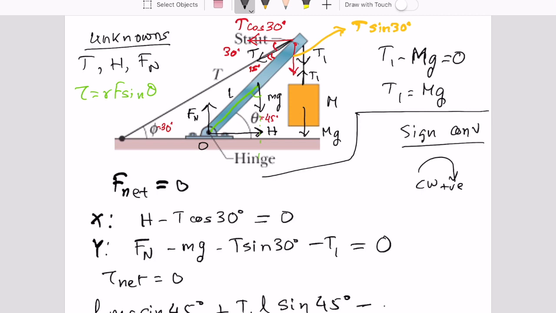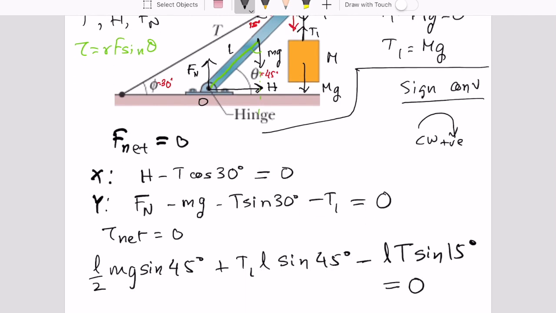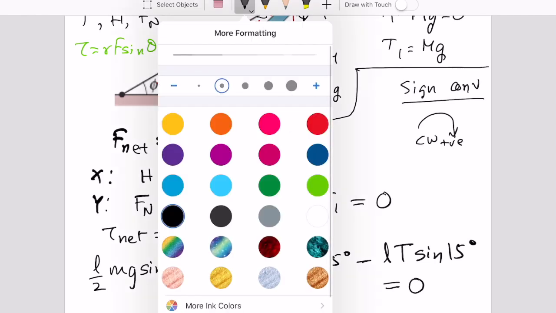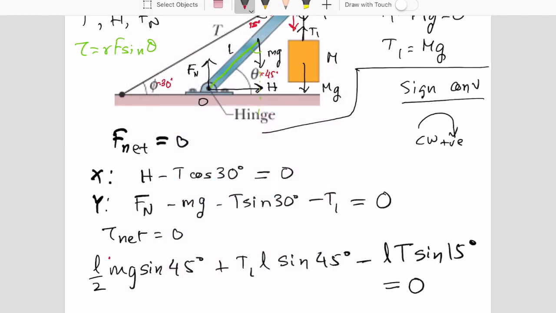So it's going to be L multiplied by T multiplied by sine of 15 degrees. And that's all the torques that we have, and that is equal to 0. Now what about the L? Thankfully, you can divide both sides by L, and the L will just cancel out. And so we did not need to know what L was.